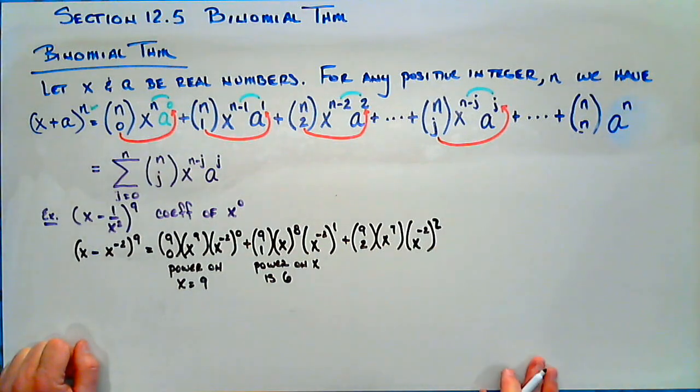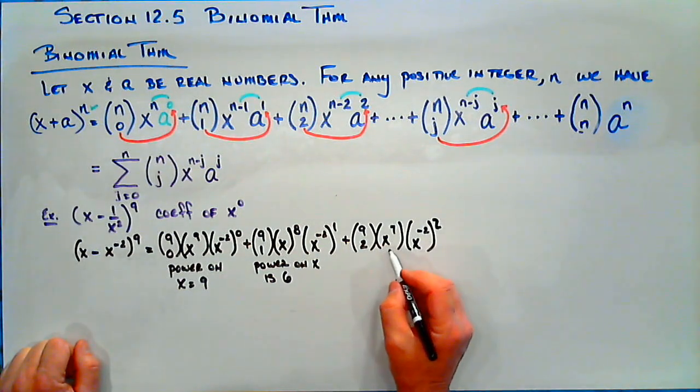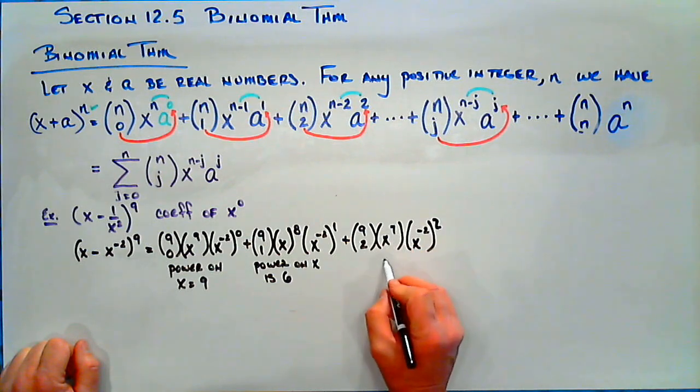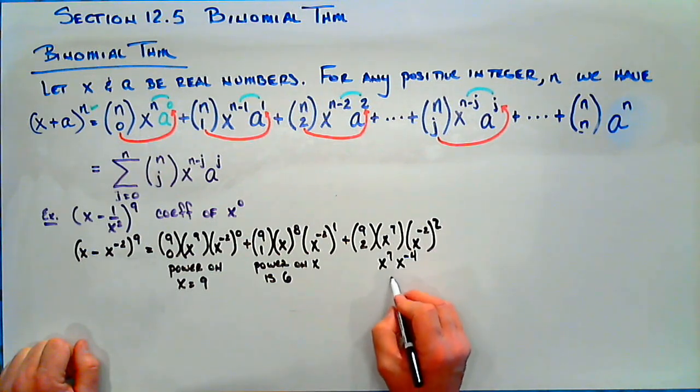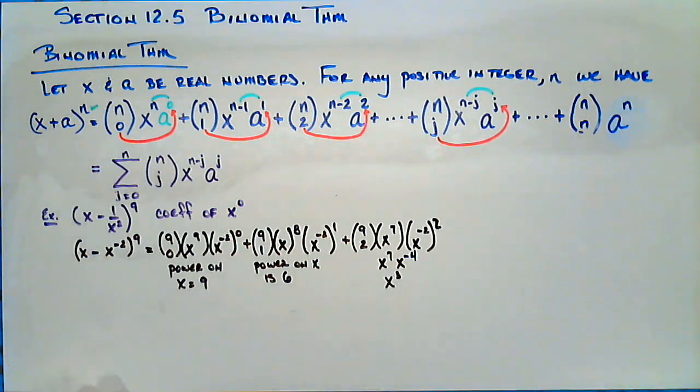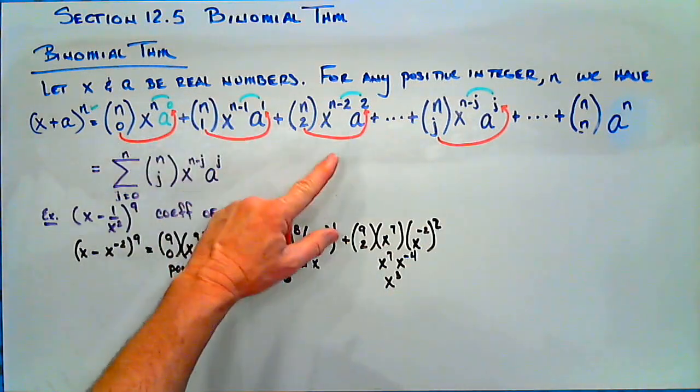So what is this going to look like? This is going to be x to the 7. That's going to be x to the negative 4. We're going to get x cubed here. So our powers on x went from 9 to 6 to 3. They're not going down by 1.